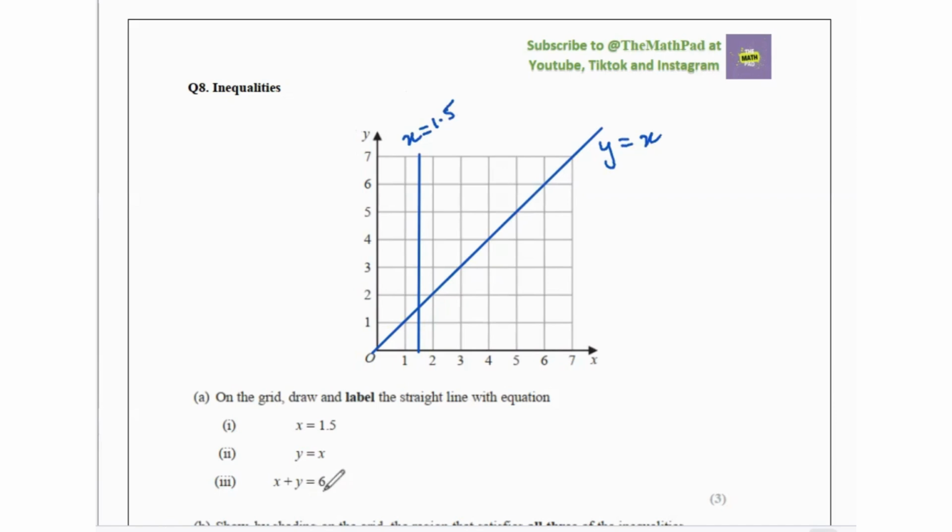And then x plus y equals 6. So for x plus y equals 6, what you can do is find the x-intercept and y-intercept, then use those to plot the equation on the graph, and then draw the line. So for the x-intercept, put y equals 0.